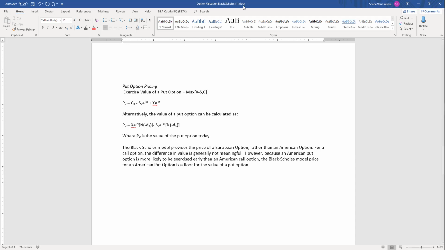And we can see that again down here. X minus S, and then we're discounting everything back to today, and then we have probabilities here. Notice that it is negative N(d2) and negative N(d1). This valuation here is valuation using put-call parity.